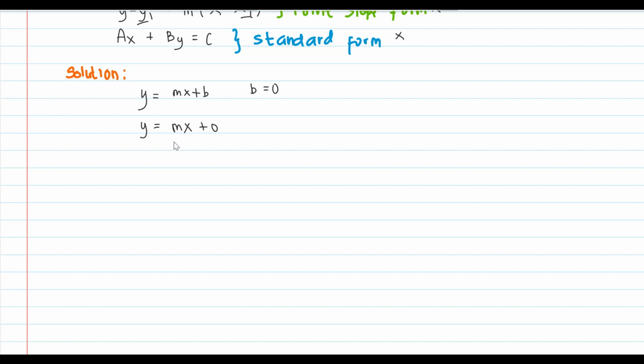As we can see, the arbitrary constant in this particular equation is m. It's only m. So there is only one arbitrary constant, therefore we must differentiate this equation a single time.